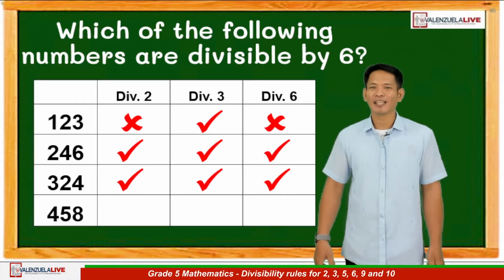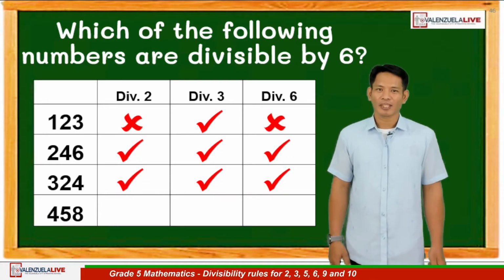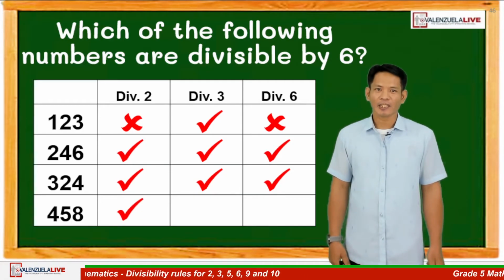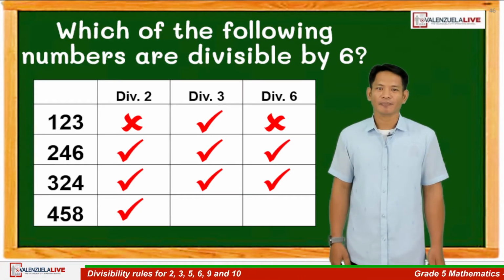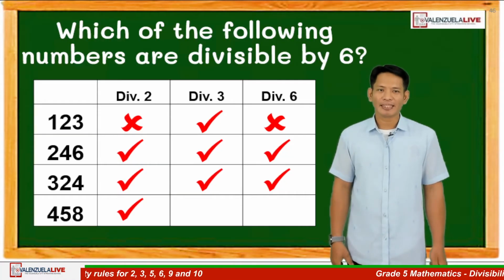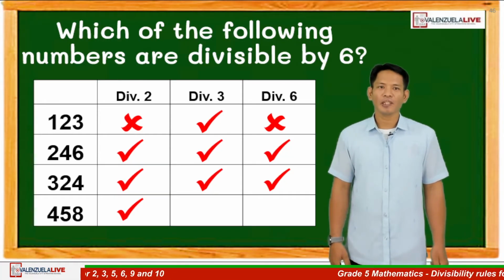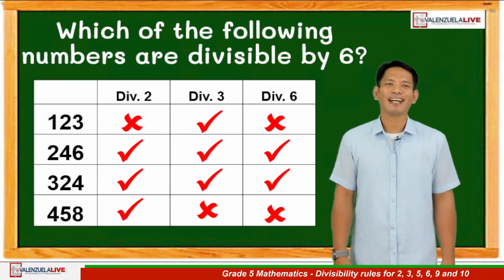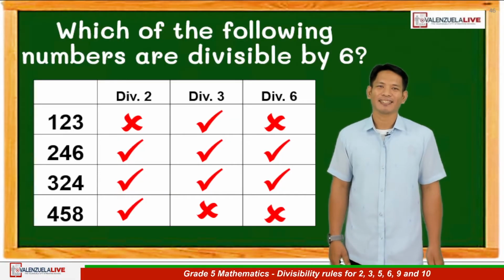How about the last number, 458? Is it divisible by 2? Yes, it is divisible by 2. How about by 3? What is the sum? 17. Is 17 divisible by 3? No. Therefore, 458 is not divisible by 6.